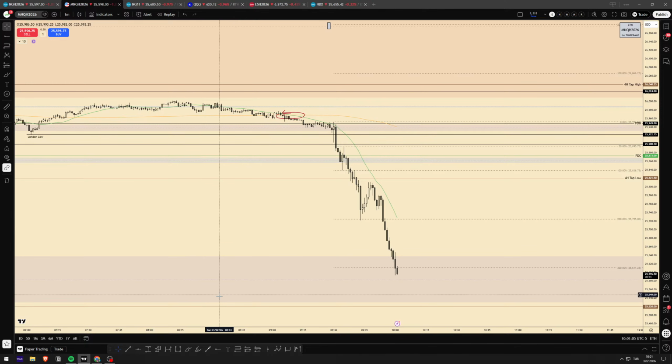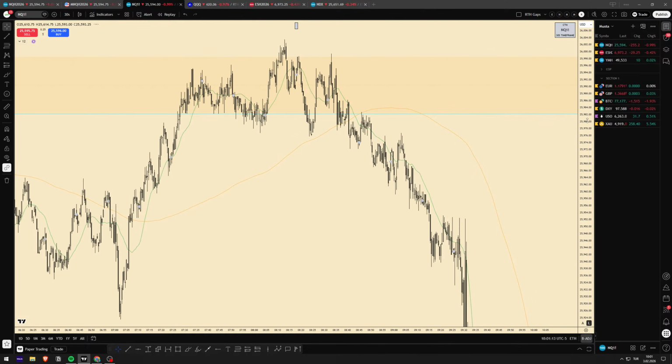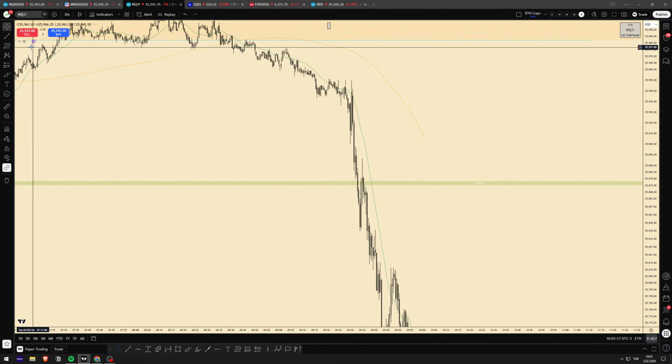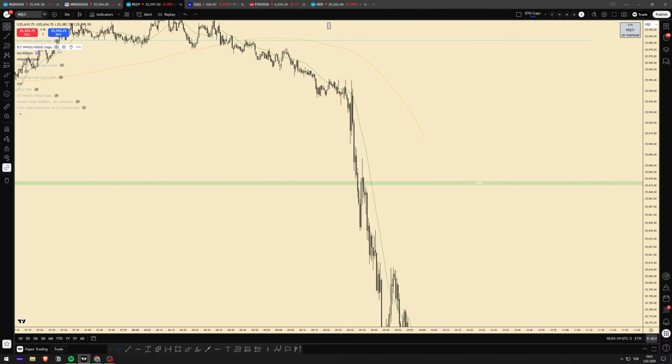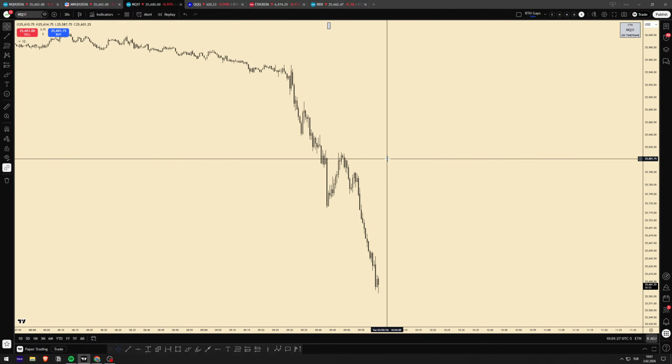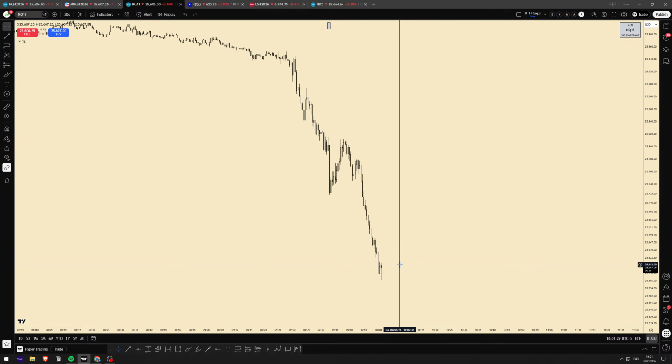I mean, when you look at price action and even look at the naked chart, let me open one. I will delete everything and close all the indicators. Okay, it seems bearish.